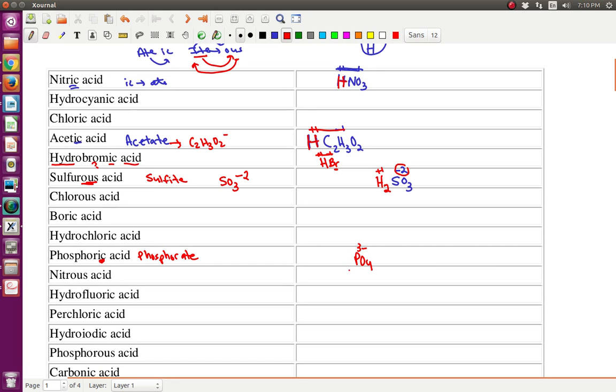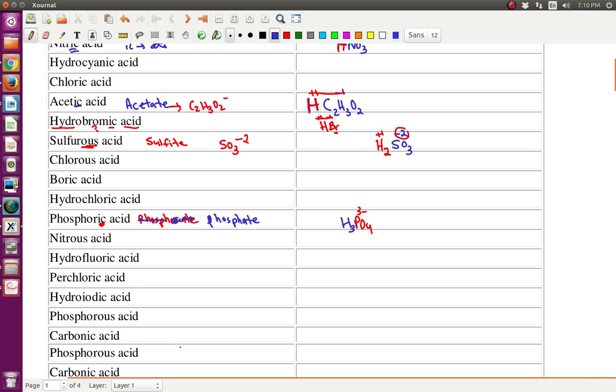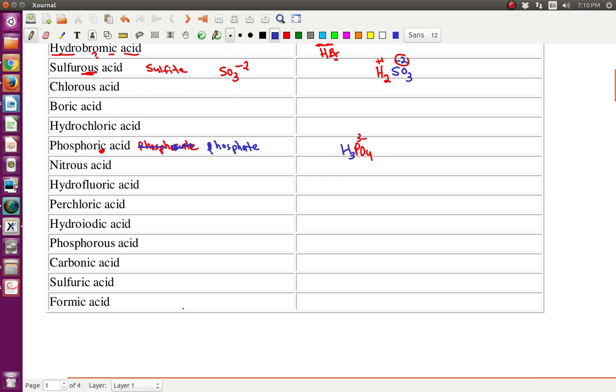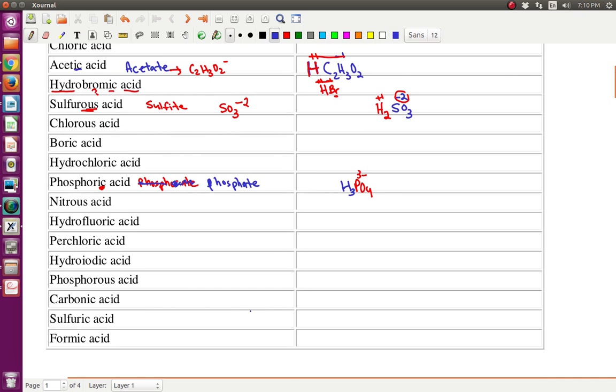Now how many hydrogens do I need to cancel out? I switched my color code, oh well. There are 3 negatives, so I have to have 3 positives. H3PO4, phosphoric acid, is made out of the phosphate ion. Let's write it. My pen is too thick. I'm going to do these 2 down here.